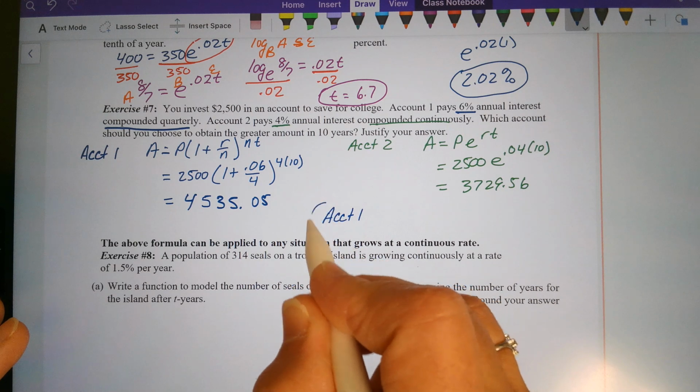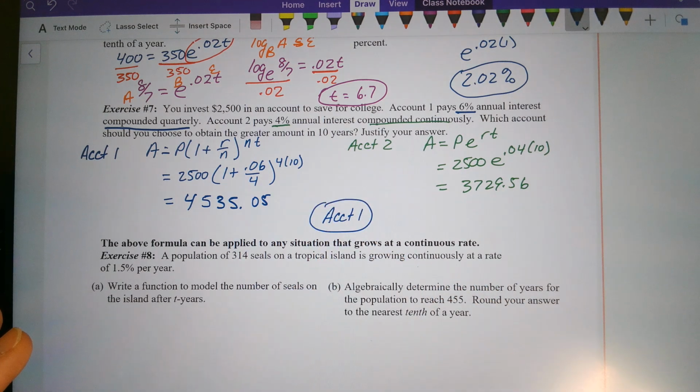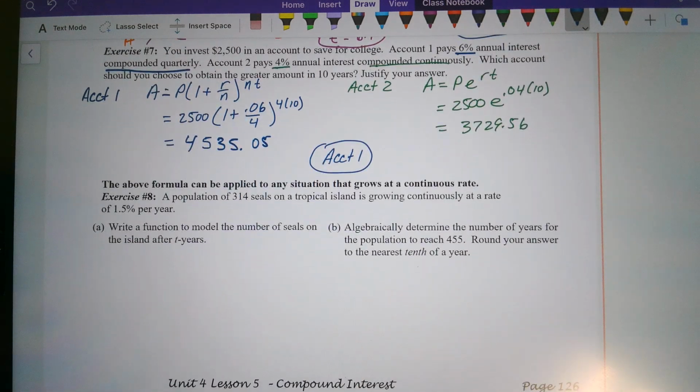Or account 1, sorry. The above formula can be applied to any situation that grows at a continuous rate.